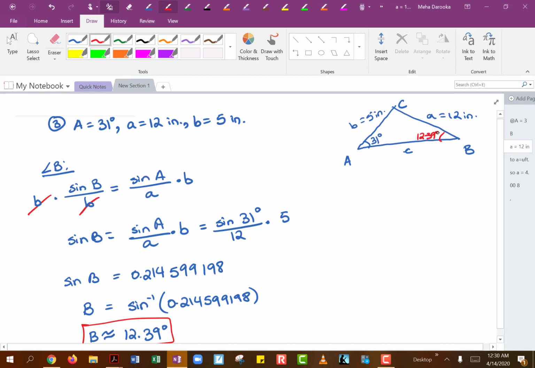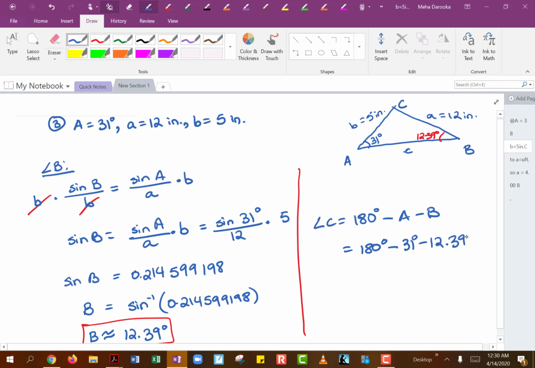Now that we have the two angles, you can find angle C pretty easily. So for angle C, we basically just need to take 180 degrees minus angle A minus angle B. So that would be 180 degrees minus 31 degrees minus 12.39 degrees.